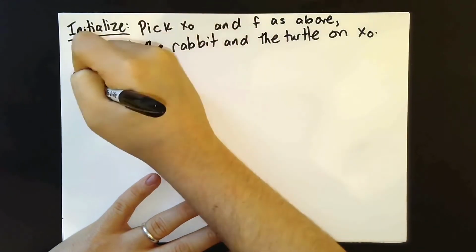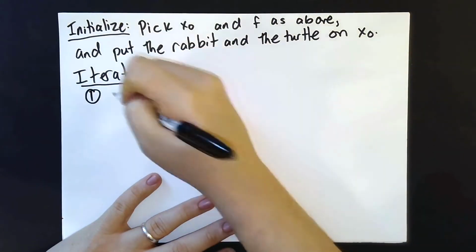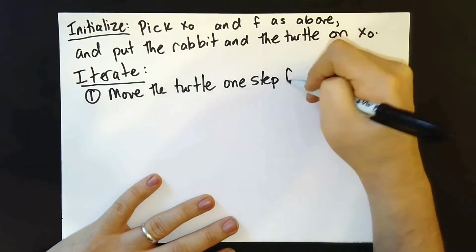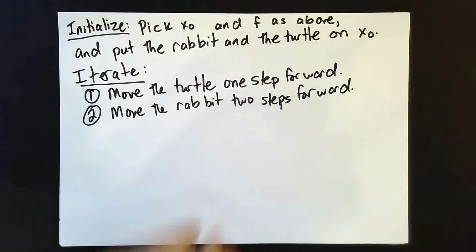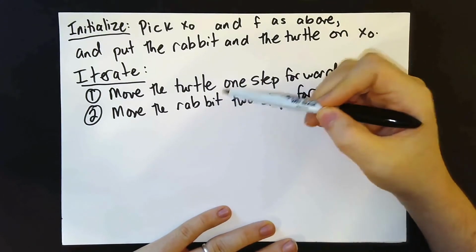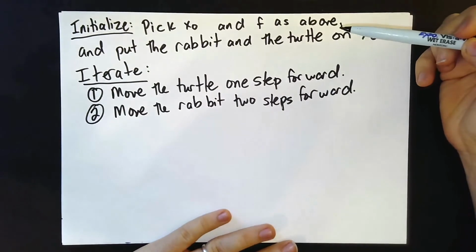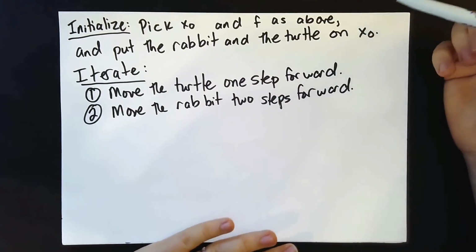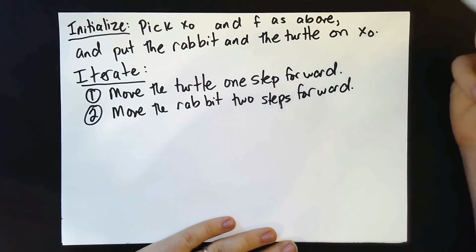Okay, so once we have initialized the algorithm, we're going to run an iterated loop, just as we described for Pollard rho in general, where we repeatedly move the turtle 1 step forward, move the rabbit 2 steps forward, and then ask the turtle and rabbit if they're looking at the same number. But remember, we don't actually want to know if xi and xj are equal. We want to know if they're equal mod p.